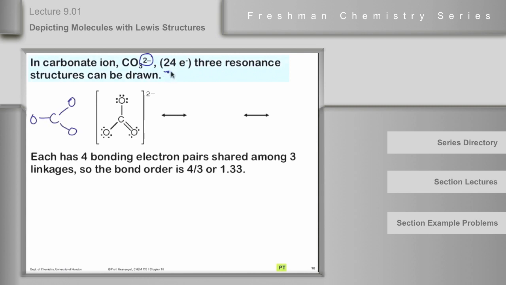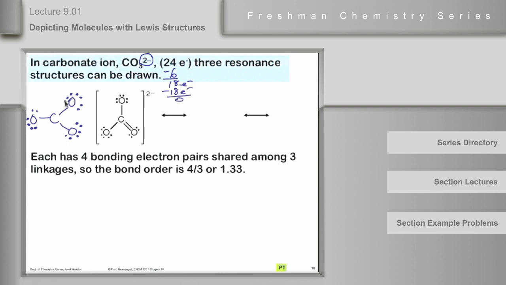So 24 electrons minus 6 is 18 electrons. Then you put the 18 electrons on the oxygens. That's 6. That's 12. That's 18. So we have now used all of the electrons.